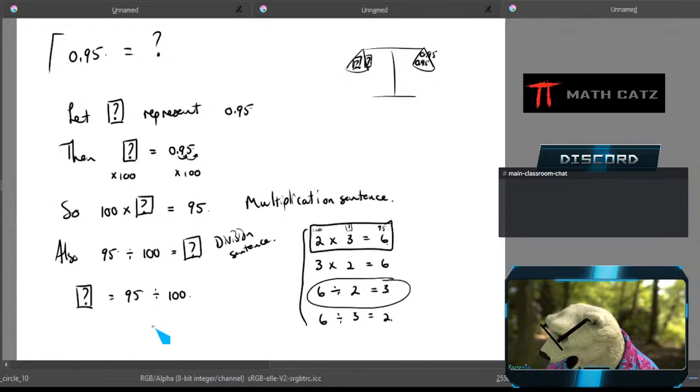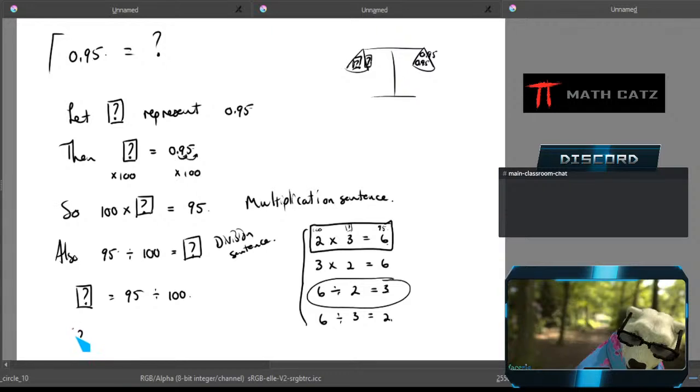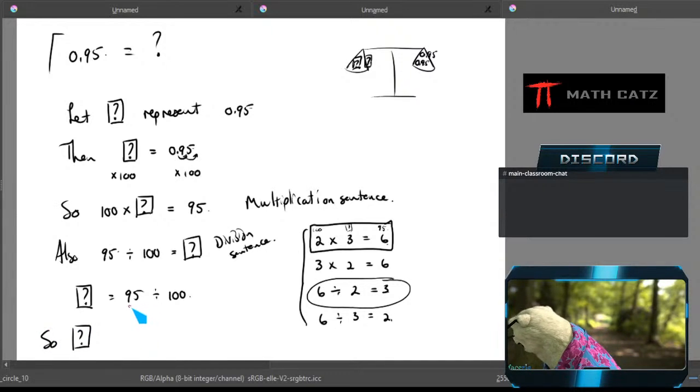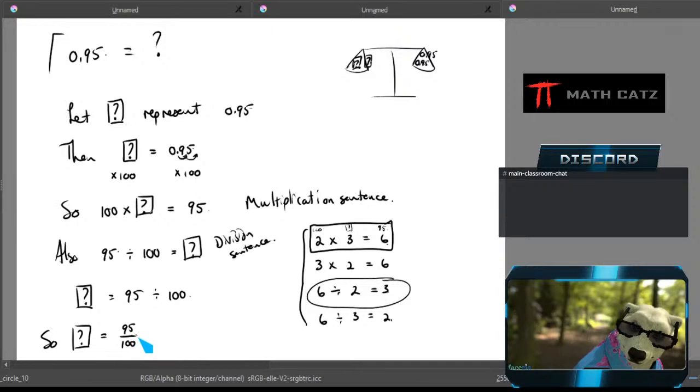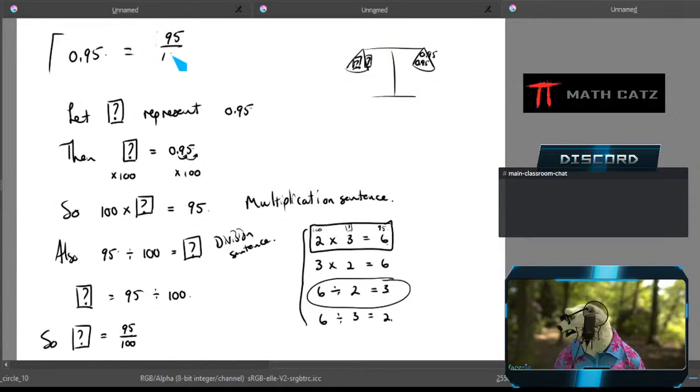And then the only thing that is left is to realize that division is just an instruction for a fraction, the instruction version of the fraction. So I can go back to the start and say I've now figured out that 0.95 is 95 over 100.